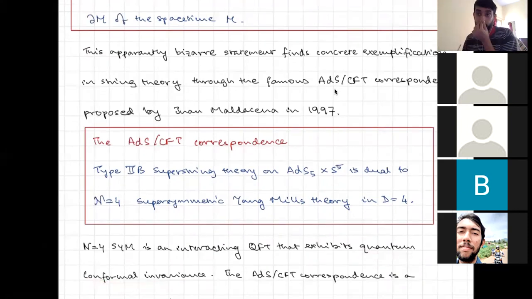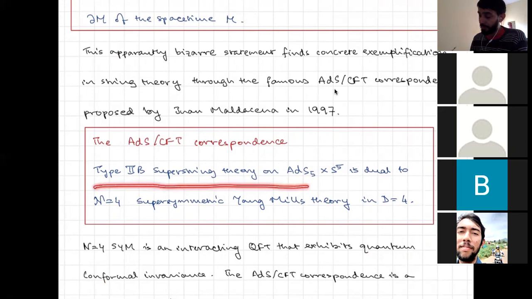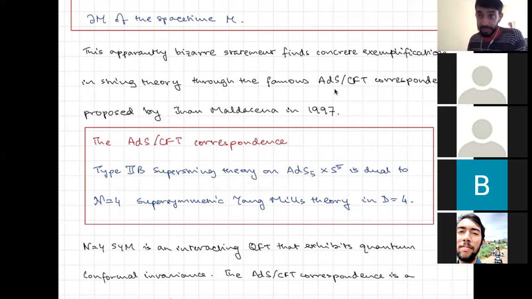Okay, so this means that if you're thinking about the beta functions of that particular theory, the beta functions of that theory are identically equal to 0. So in D=4, the statement goes that there's some particular theory of gravity here. In this case, it's a string theory that lives in anti-de Sitter space in 5 dimensions times an S5, which is not going to be that important to us. And this is dual to this.